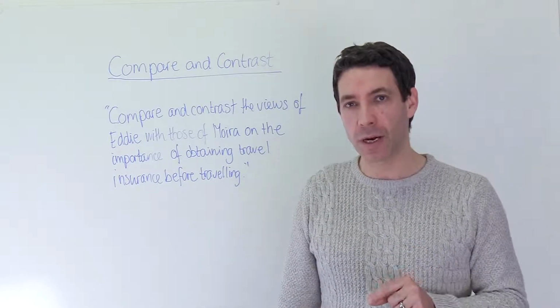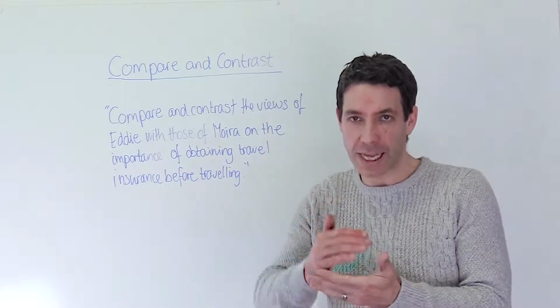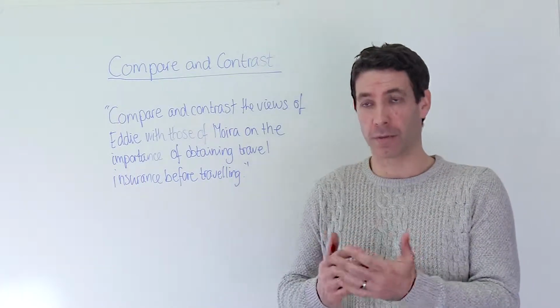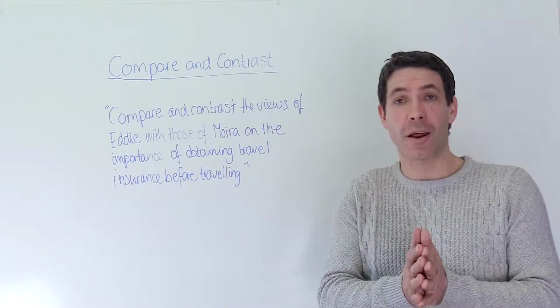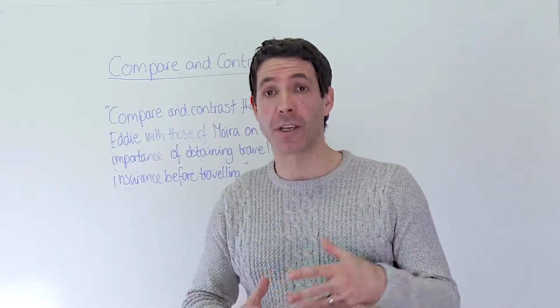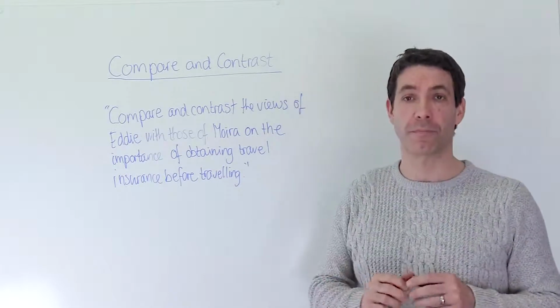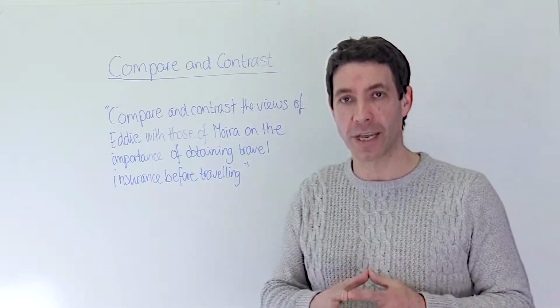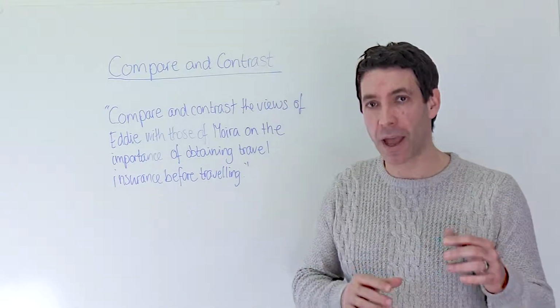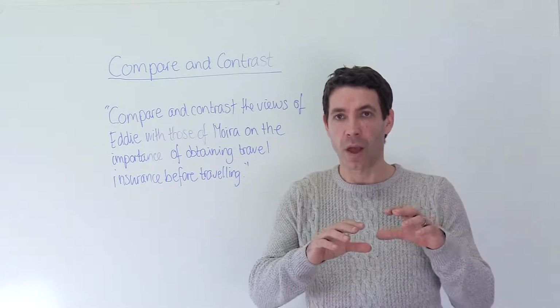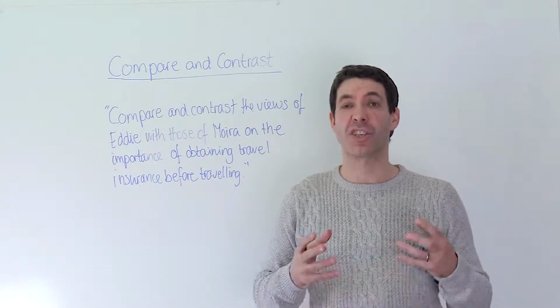And what are the key words that we will be looking for when we're scanning through this text? Well, we've been asked to compare and contrast the views of Eddie and Moira, so we're going to be looking for their names to start with. We're looking for Eddie's name in print, and we're looking for Moira's name as well. So once we've found Eddie's name, we don't want to get just the gist of his opinion.